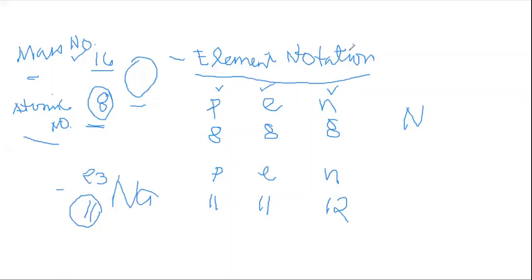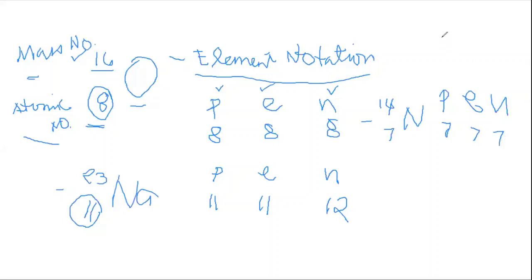How about the atomic number? 7. Okay, we have 7. Okay, now to get the number of protons and electrons, so ilan ang proton at saka electron natin? 7. So parehong 7. Okay, now to get the neutron, we're going to subtract this only. So 14 minus 7 will give us 7. Okay, so the answer is 7.